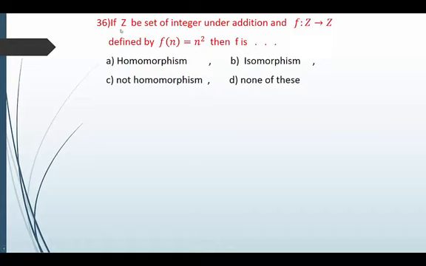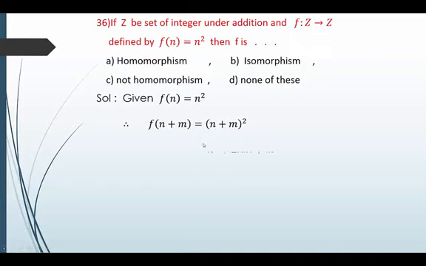36. If Z is the set of integers under addition and f from Z to Z is defined by f of n equals n square, then f is... First check whether this is a homomorphism or not. f of n is n square, so f of n plus m is (n plus m) square.